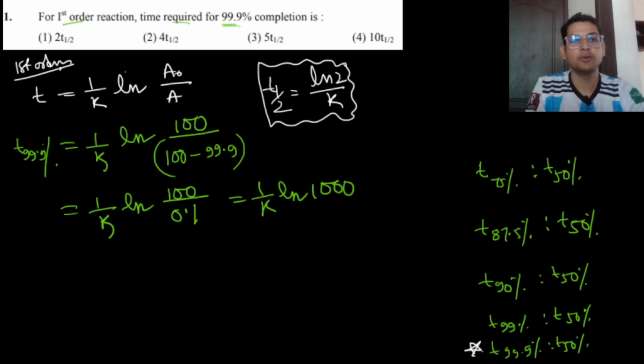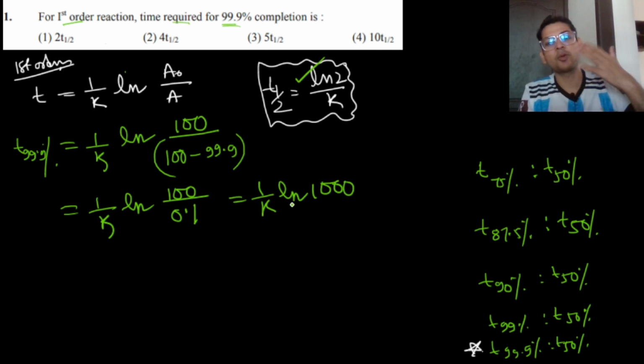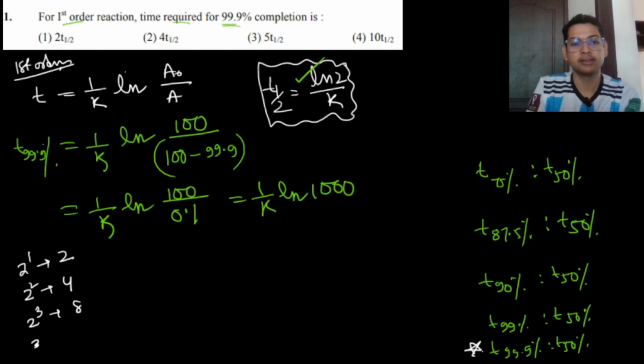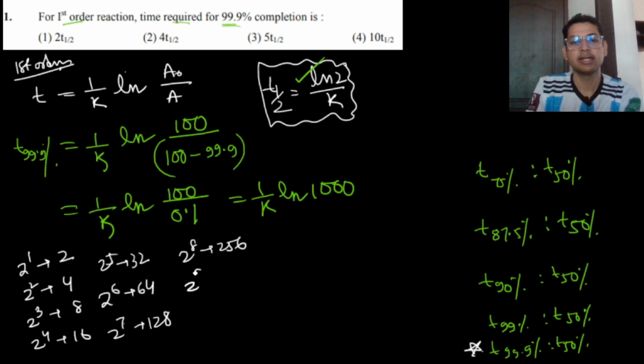Now you see, in your T half you are having ln 2. I want to write this in the form of ln 2. Sir, how to do it? 2 to the power 1 means 2, 2 means 4, 3 means 8, 4 means 16, 5 means 32, 6 means 64, 7 means 128, 8 means 256, 9 means 512, and 10 means 1024.